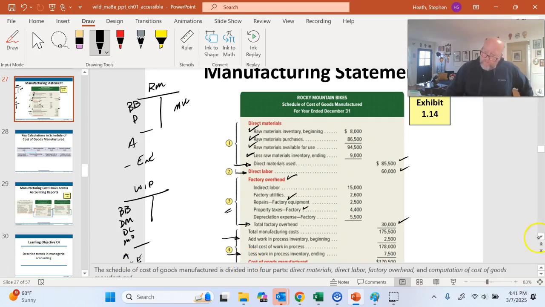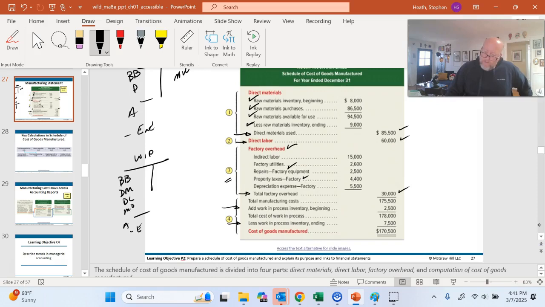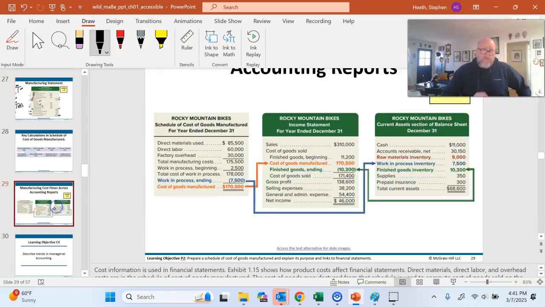And that would back into cost of goods manufactured, right? It's cost of goods manufactured. This is a great schedule. Great schedule. Best schedule we have. Then these two schedules, these are not bad schedules, but it's the same concept.